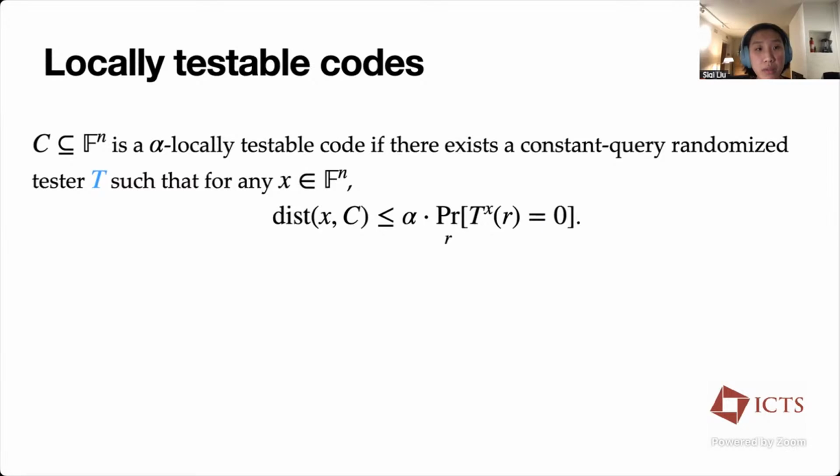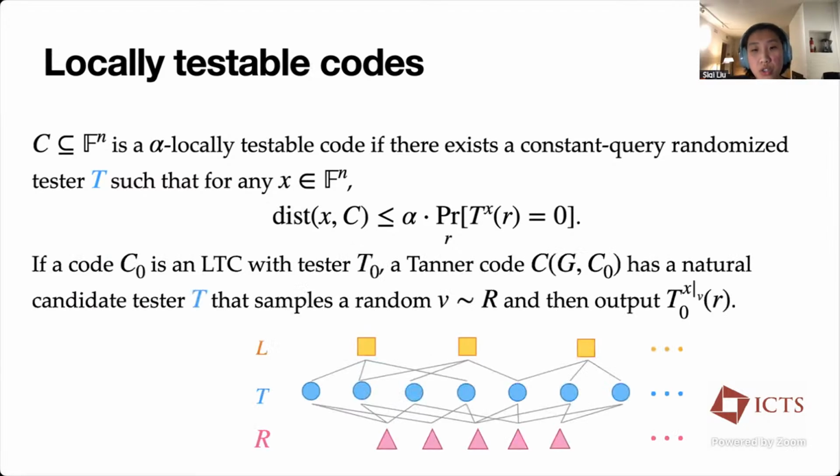In particular, if C is a tensor code with local code C0, then we can consider constructing a candidate tester T that makes use of the local tester T0 for this local code C0, which supposedly should be a local tester for the global tensor code C.